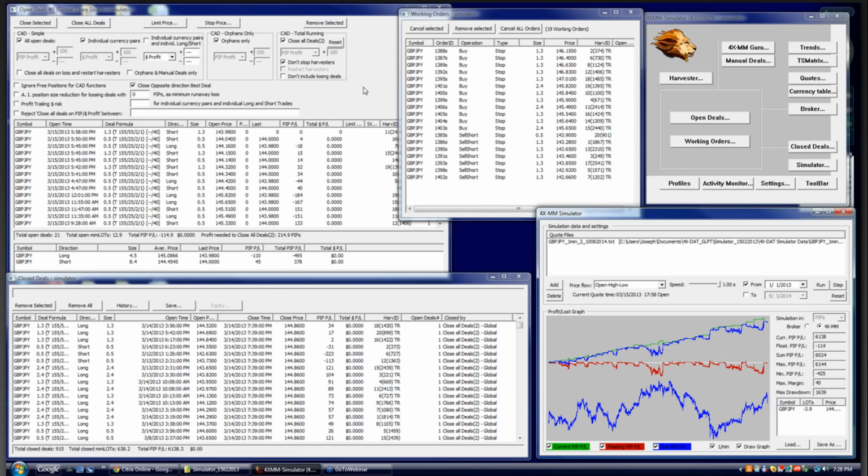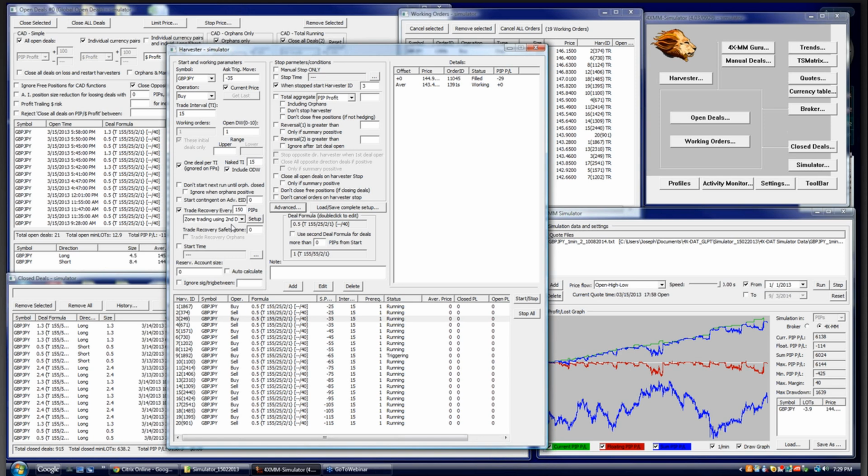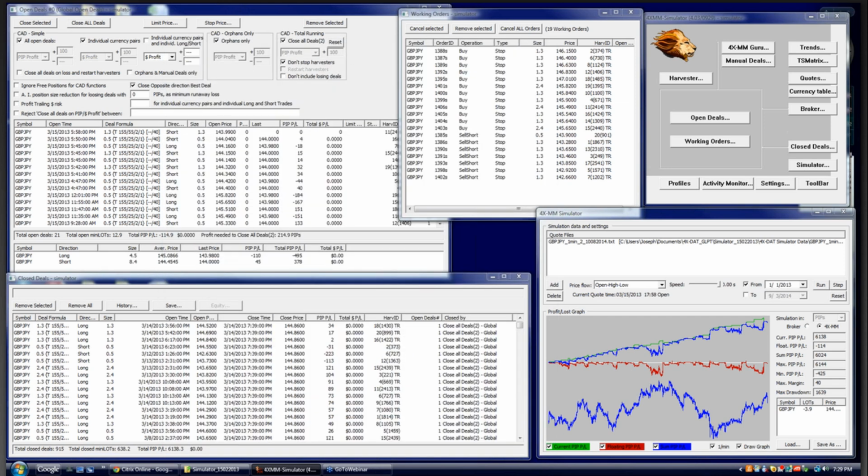There are some safety features and filters that don't allow that many trades to be open. One of these features on a harvester is called a trade interval, and there's a maximum of one trade that can be opened within any 15 pip trade interval. On most of the strategies that we're installing with clients, that trade interval is larger, and that basically determines the aggressiveness of a strategy.